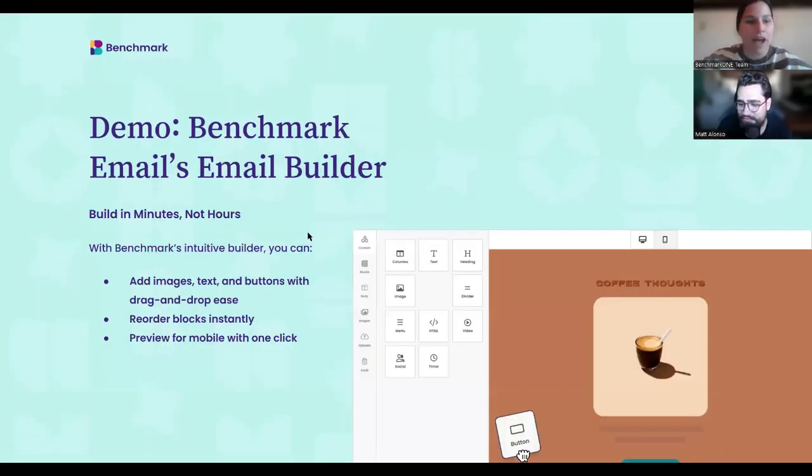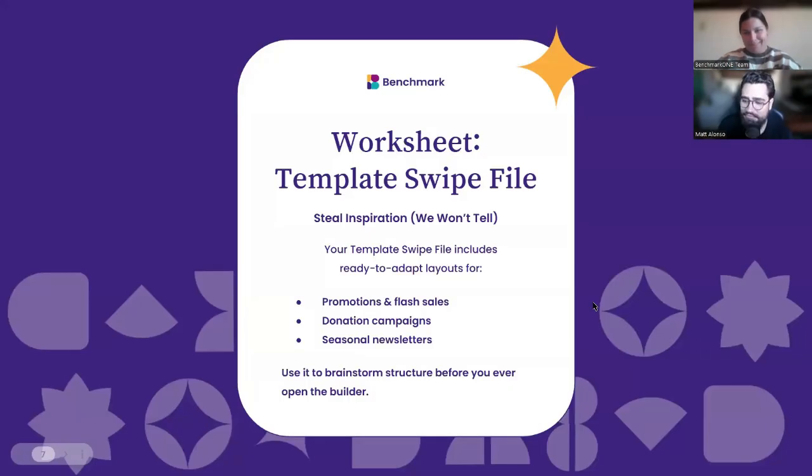Because I'm going to walk you guys through some other things. We have a swipe file, so that you can swipe our ideas. It's a very straightforward piece of material, basically to help you look at layout examples for promotions and flash sales, donation campaigns, seasonal newsletters.